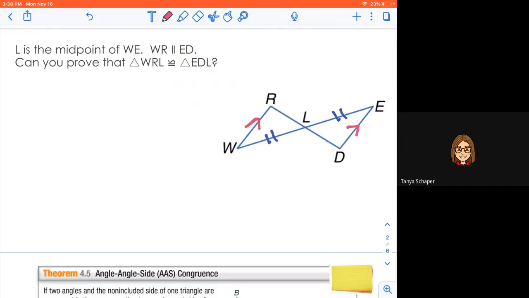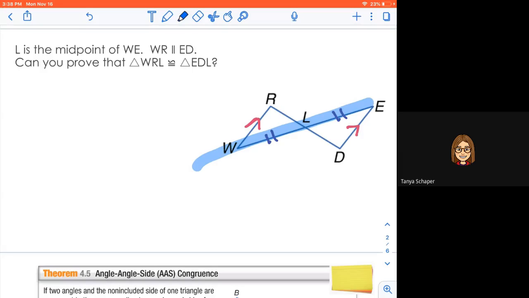Now, with that in mind, here's something I want you to think about. When you have two parallel lines intersected by a transversal, we can use alternate interior angles. That came from chapter 3, so that wasn't that long ago. Alternate interior angles are coming back because here is my transversal. My transversal should be highlighted. There we go.